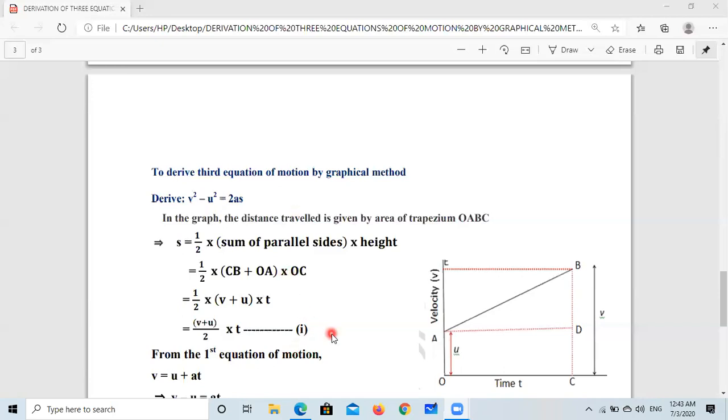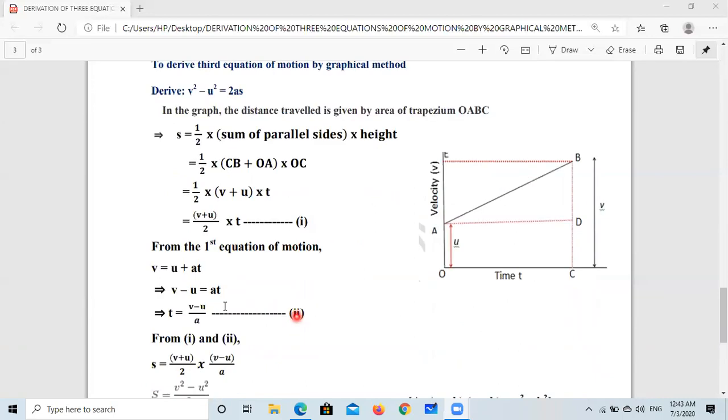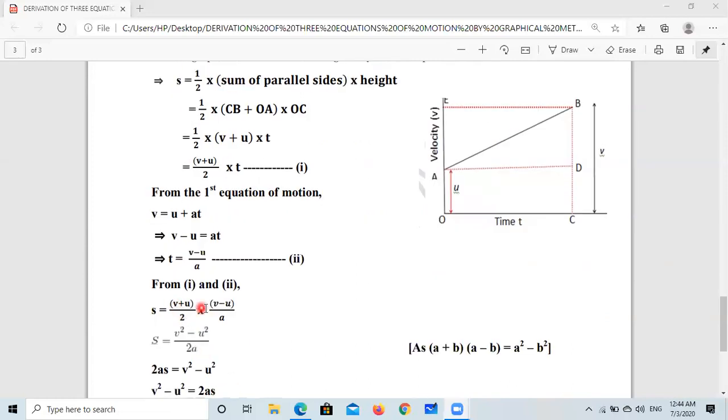But if you want to find all three equations, then we have to put the equations according to the sequence. From the first equation of motion, V equals U plus AT, so V minus U equals AT, and T equals V minus U by A. Now in place of T, we put the value V minus U by A. From 1 and 2, S equals V plus U by 2 into V minus U by A. Here, V plus U into V minus U equals V square minus U square, as we know A plus B into A minus B is A square minus B square.